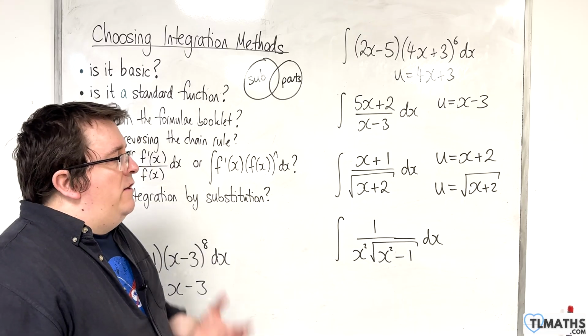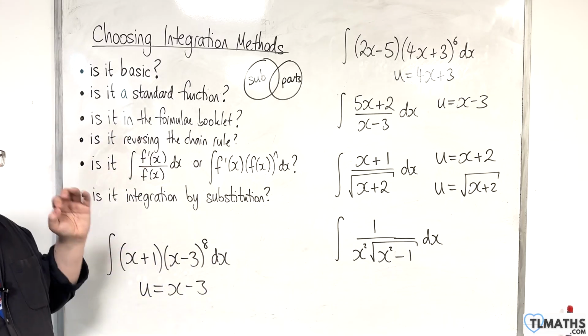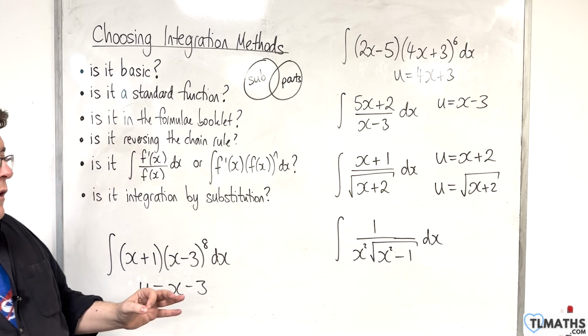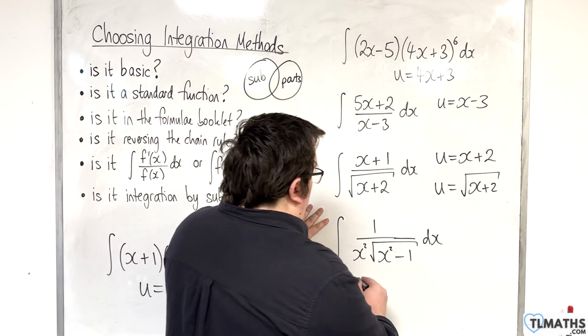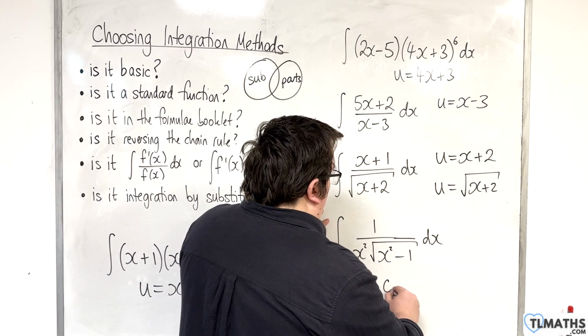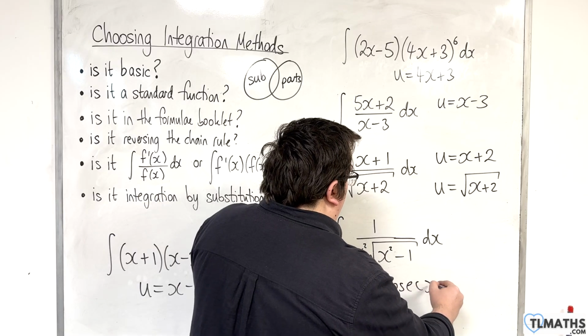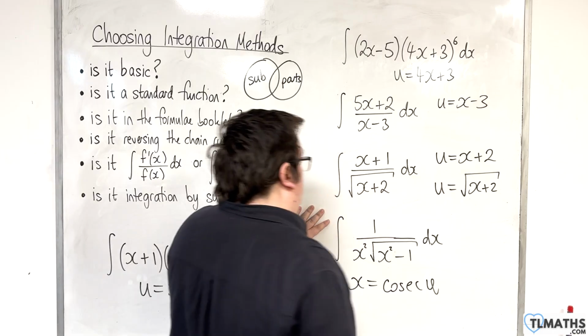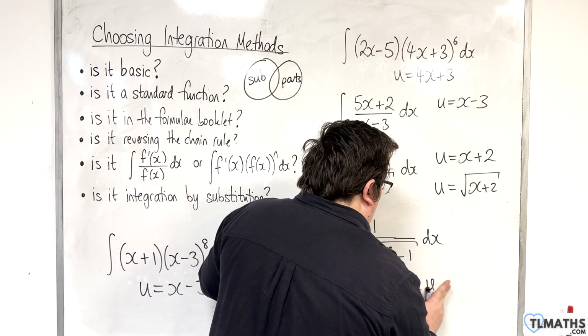Okay, so there are some integration by substitution ones, particularly ones with trig replacements, where you will be given the substitution. So this one, you can use cosec of u, rather. Okay, don't know why I wrote the u like that. There we go.